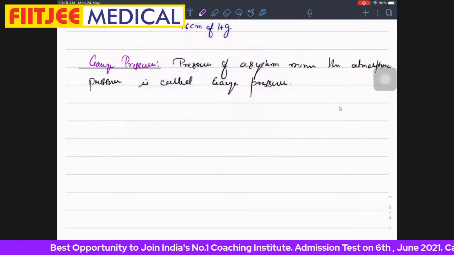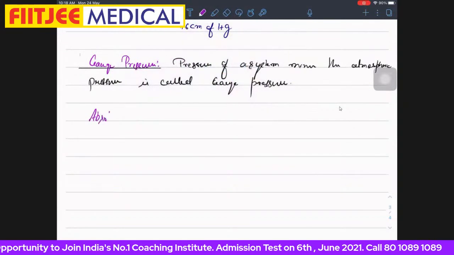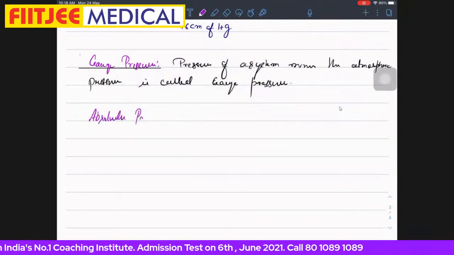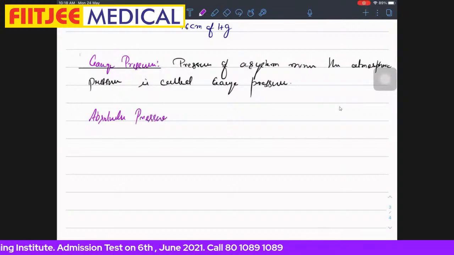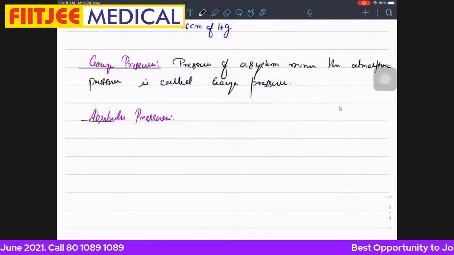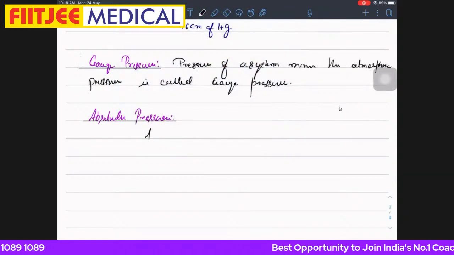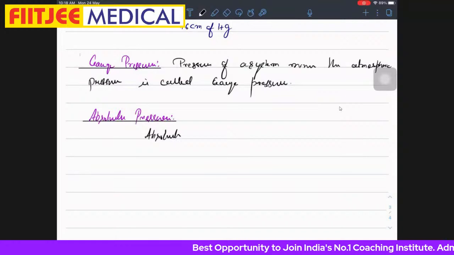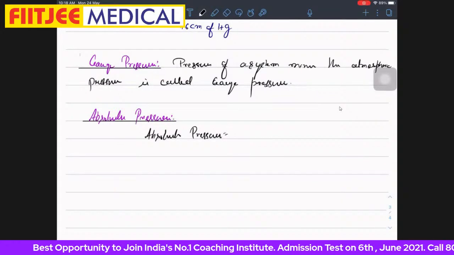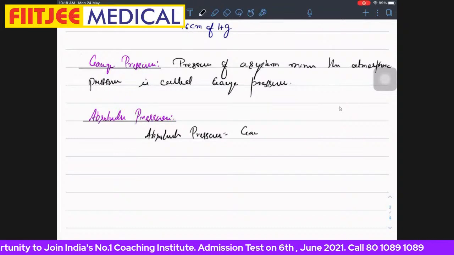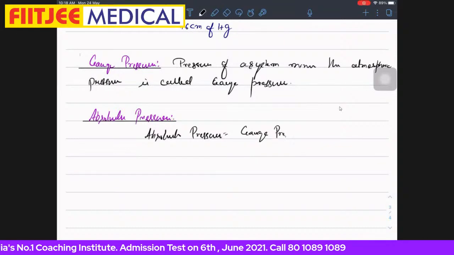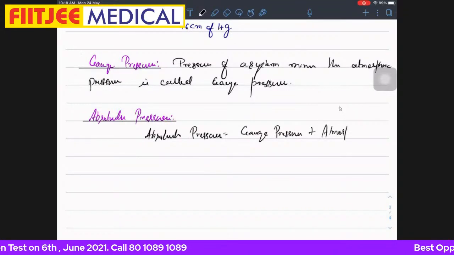The third one is absolute pressure. What is absolute pressure? It is equal to gauge pressure plus atmospheric pressure.